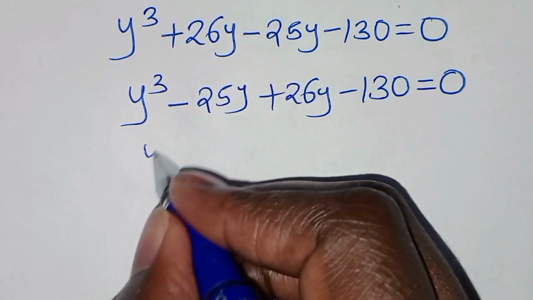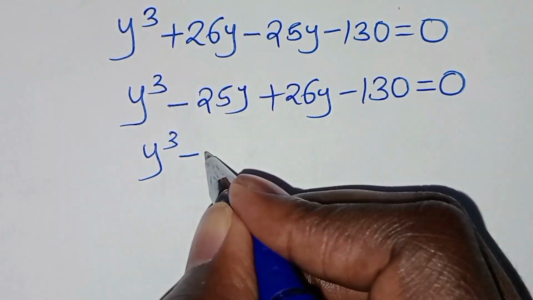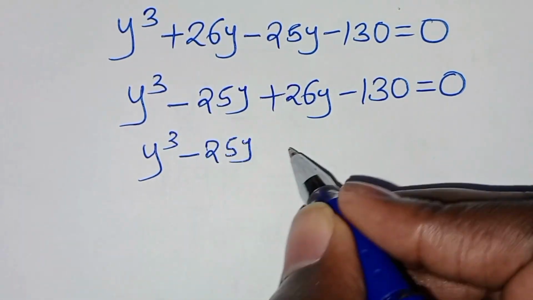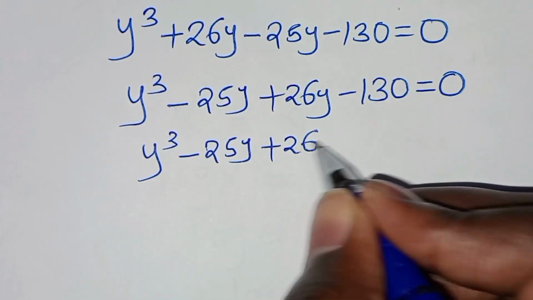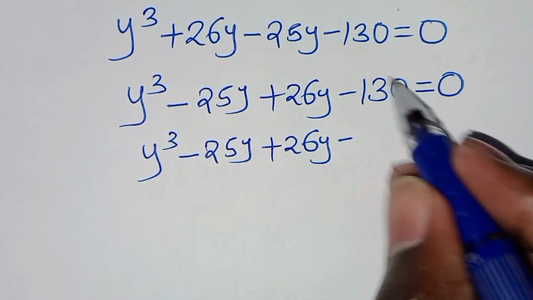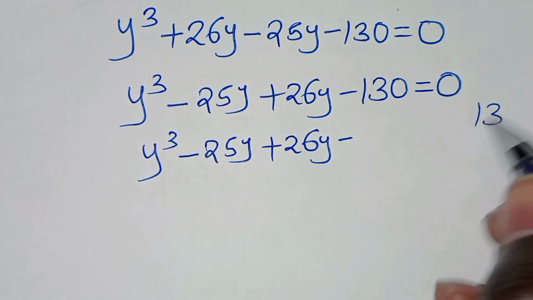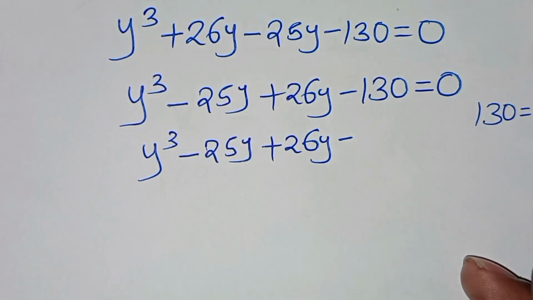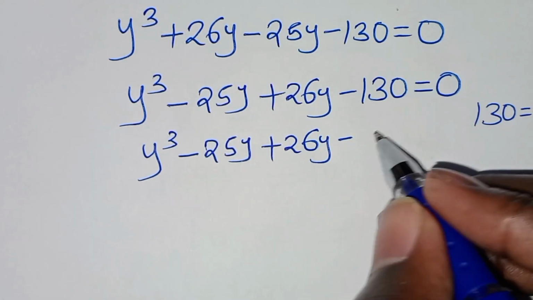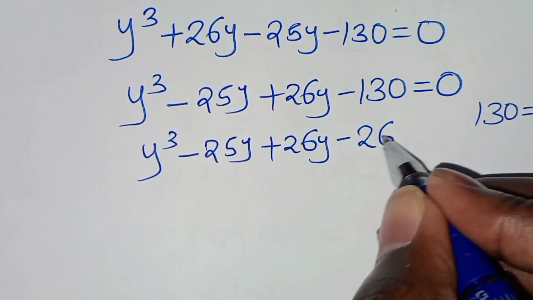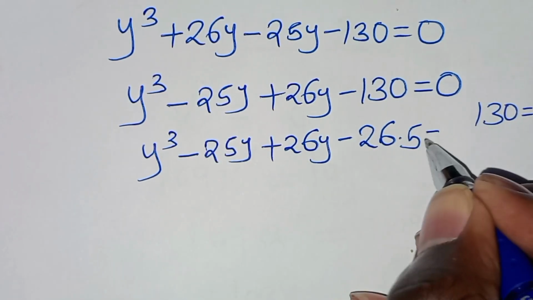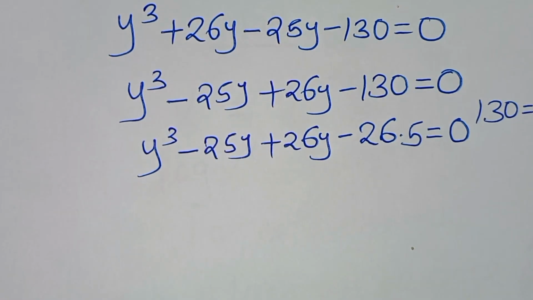We can express 130 as 26 times 5. So this is the same thing as 26 times 5. This is equal to 0.